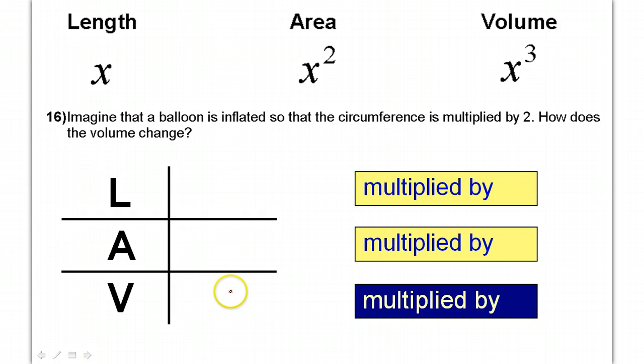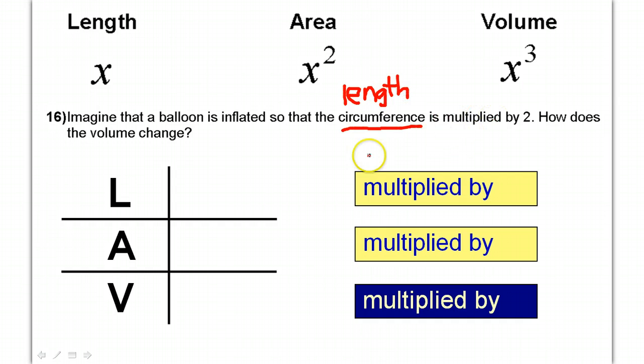Area, length, volume. I feel like you're guessing. Think about it. Circumference. Is circumference a length, an area, or a volume? Length. It's a length. Yeah. Circumference is a length. It would be measured in inches or centimeters or whatever. So please understand, if we talk circumference, we're talking about length.